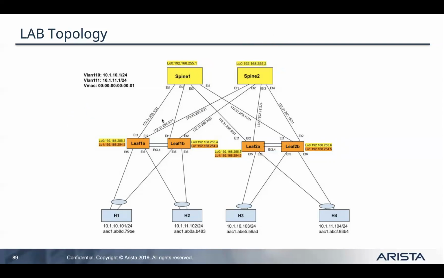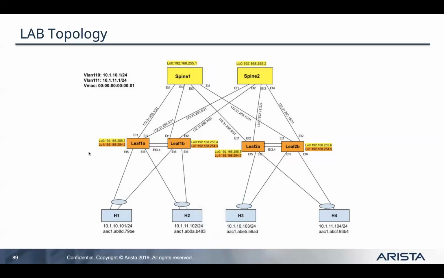Hey, Vishal. I understand how you have Loopback 0 for the EVPN neighborship, and Loopback 1 is where the VXLAN packets are sourced from. Correct. But I think I've seen some customers just use Loopback 0 and they don't have Loopback 1.